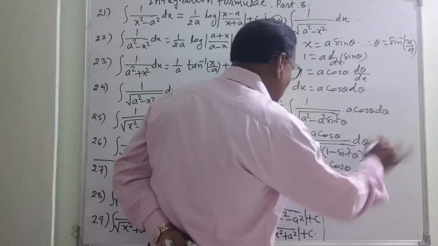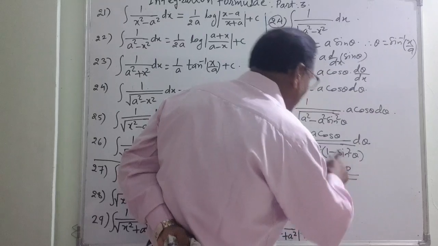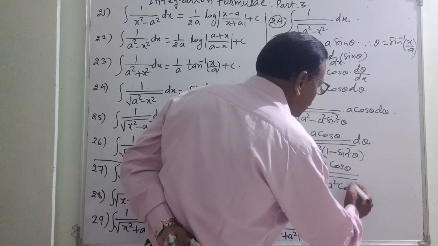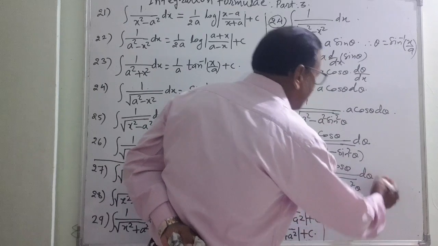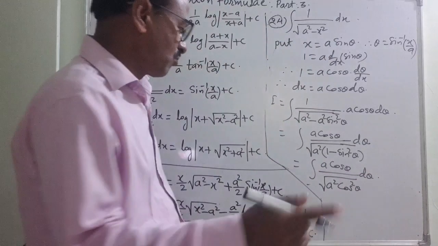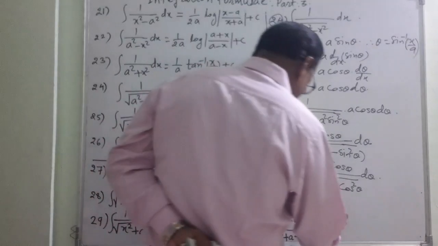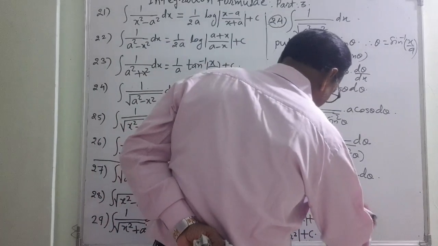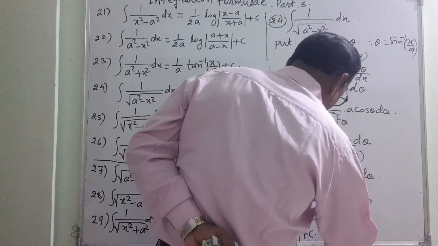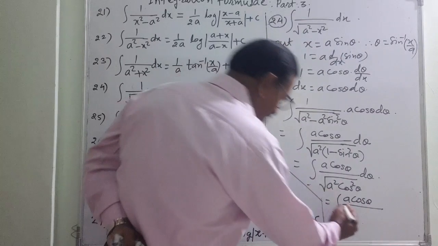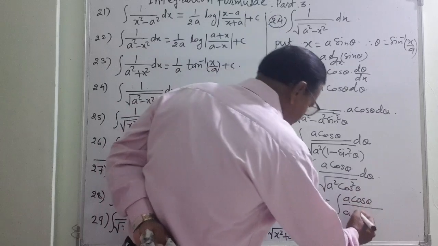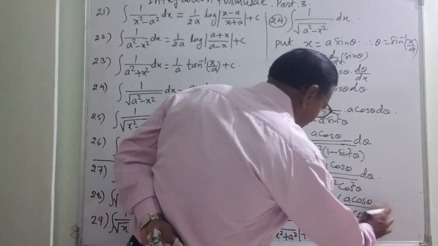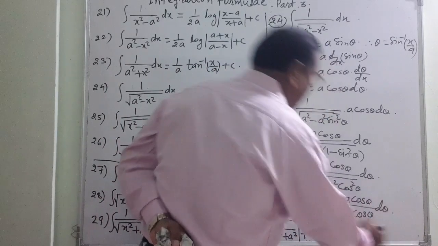But first of all I will solve and then I will take a square. 1 minus sine square theta is nothing but cos square theta d theta, because sine square theta plus cos square theta is equal to 1. Use that identity. That is equal to integration of a cos theta upon root of a square is a, root of cos square is cos, and this is d theta.